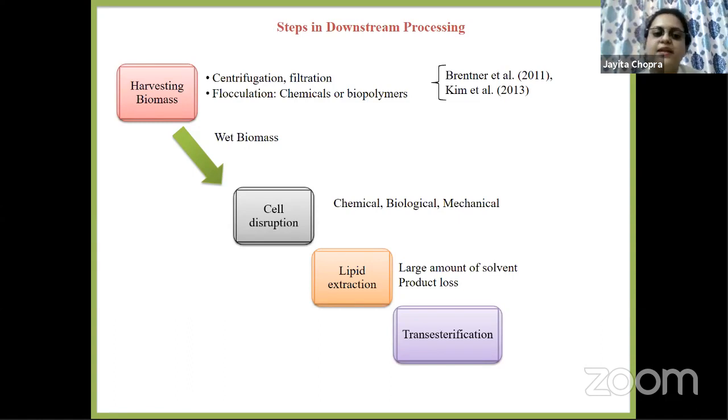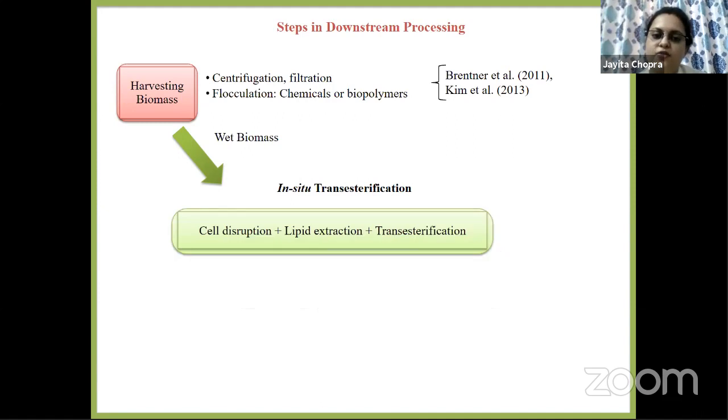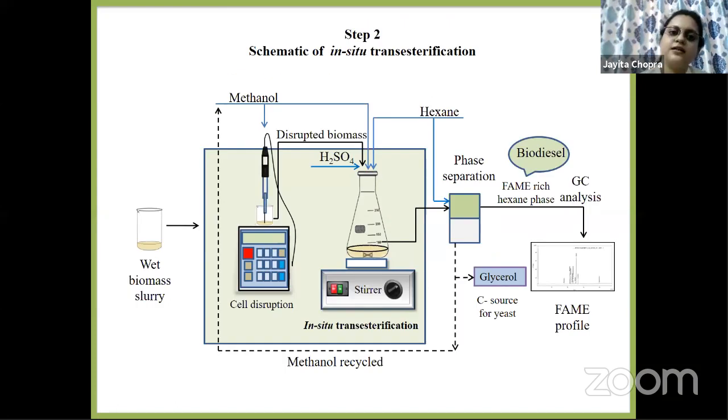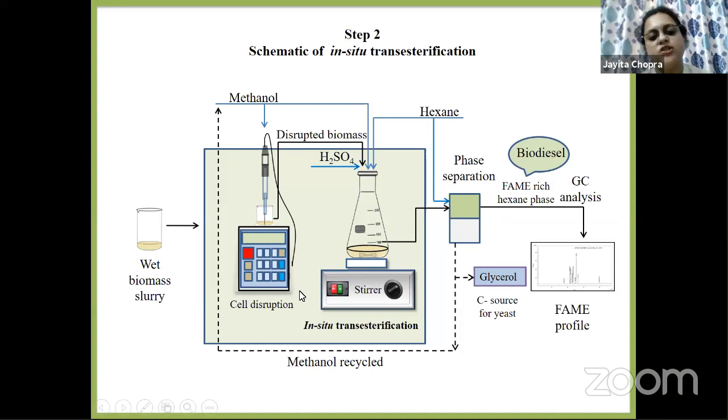Since there are this many steps, this may lead to product loss. So our idea was whether we can do some process intensification, where we combine these three steps into a single step, so we can save time and energy, as well as make it economically viable. This is the schematic of the direct or in situ transesterification, where we have used wet biomass slurry, and this was directly subjected to cell disruption and transesterification.